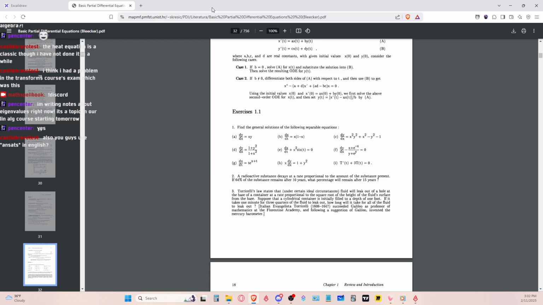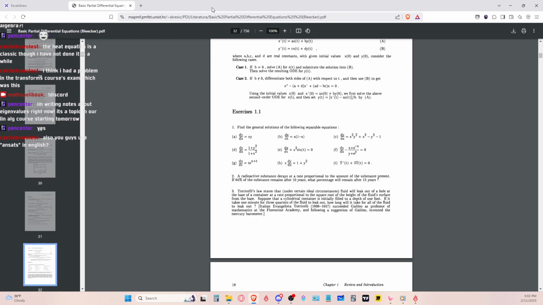Also, do you guys use ansatz? Yeah, we use ansatz mainly in differential equations. Because my friend was like, are you familiar with ansatz? And I'm like, oh, that sounds familiar, where's it from? And then he said I think it was from Germany.